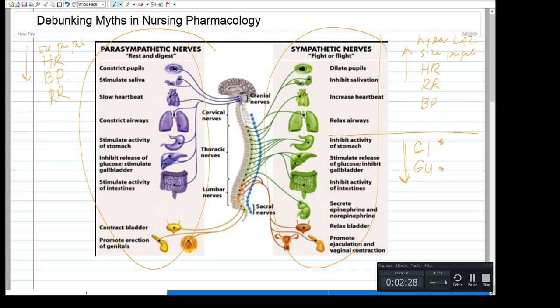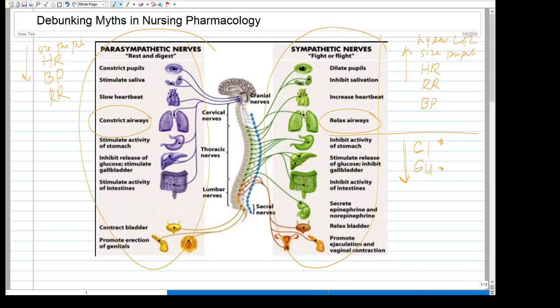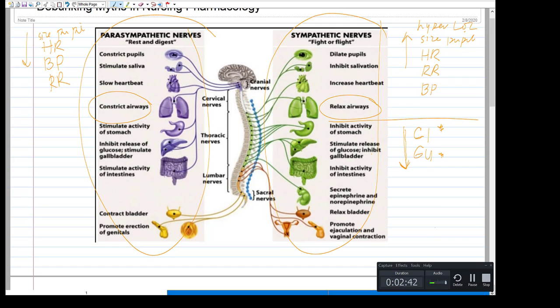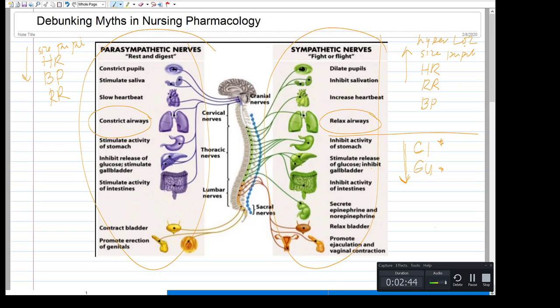Also be mindful that with parasympathetic, the airways are constricted, while for sympathetic, it's relaxed airway. Now when you look at the GI activity, your patient will have the opposite: increased GI activity, increased GU activity. So again, be mindful when it comes to GI and GU.